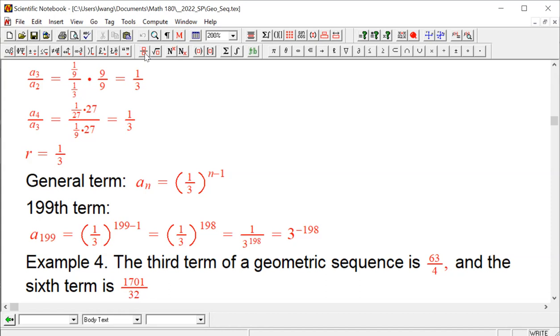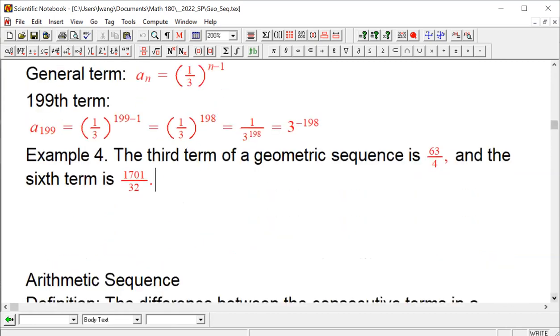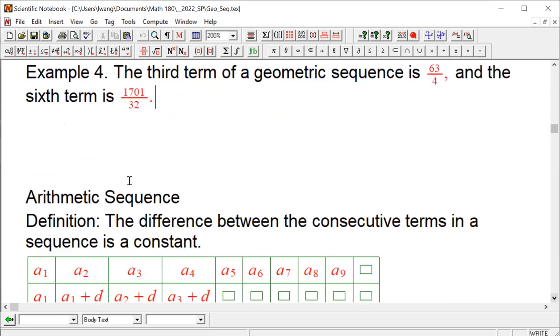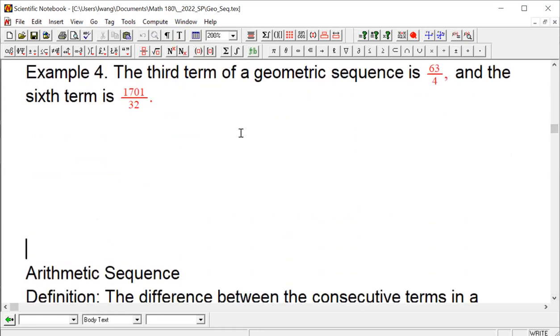That becomes a little interesting, right? They give us fractions, and we want to find the fifth term. We know the third term, and we know the sixth term.